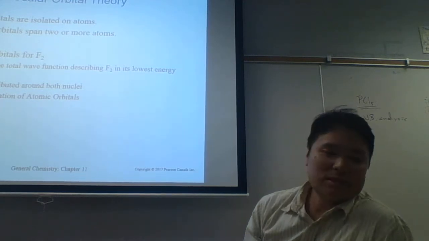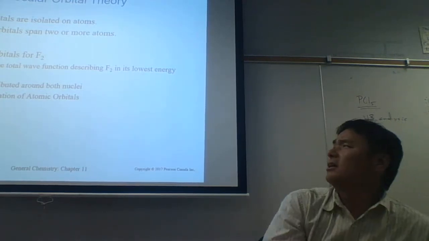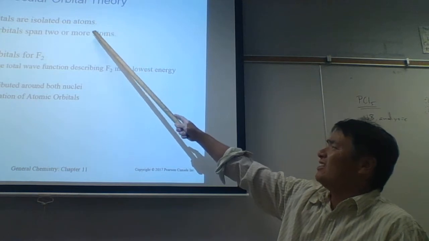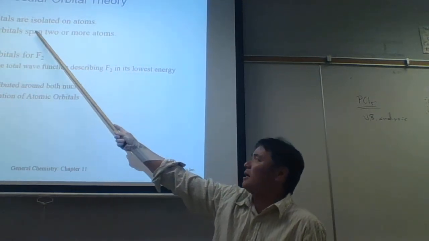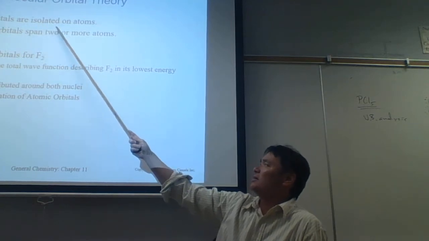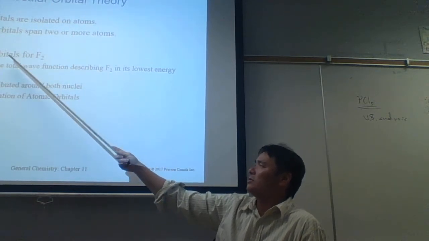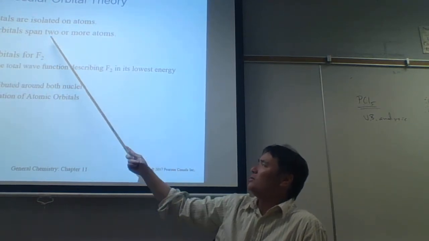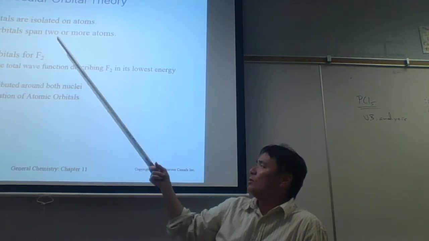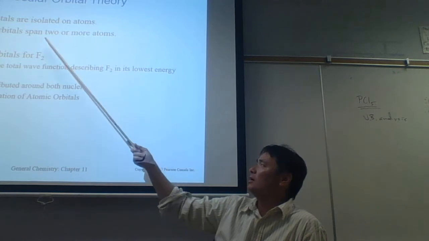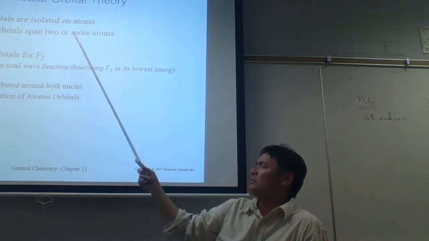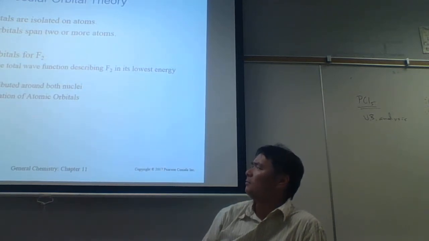Well, anyway, let's talk about MO theory next, molecular orbital theory. In MO theory, we have atomic orbitals, which we talked about, the s, the p, the sp3, sp2, whatever. Those are atomic orbitals. Molecular orbitals are a whole new set of orbitals, and these orbitals are big. They encompass the entire molecule, however many atoms are in that molecule.